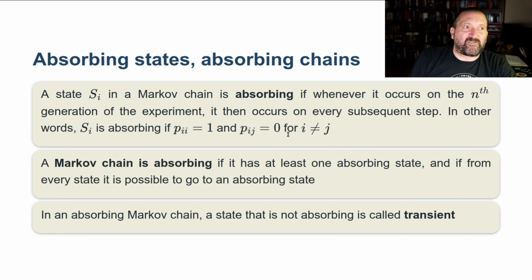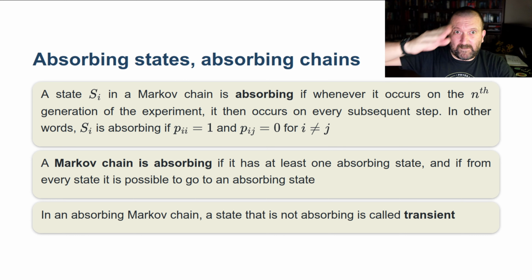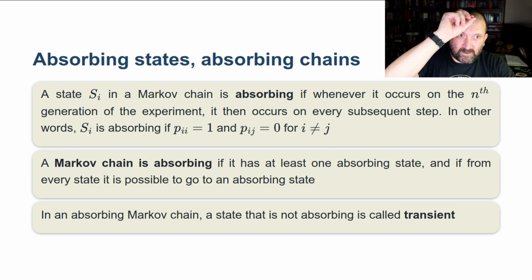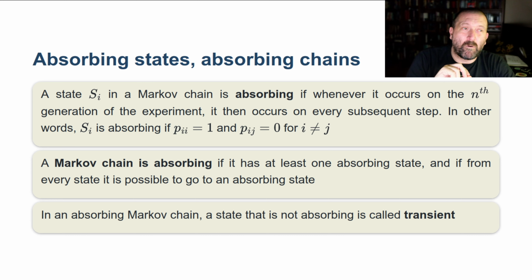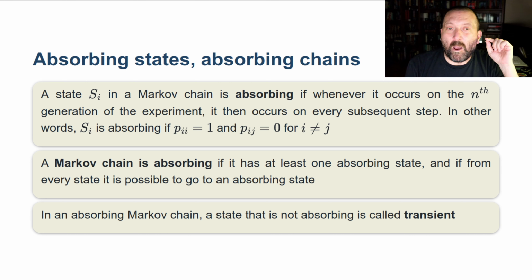In the transition matrix, that means that for an absorbing state, its corresponding row will have only a 1 on the diagonal. A Markov chain is absorbing if it has at least one absorbing state. A state that is not absorbing is called transient.